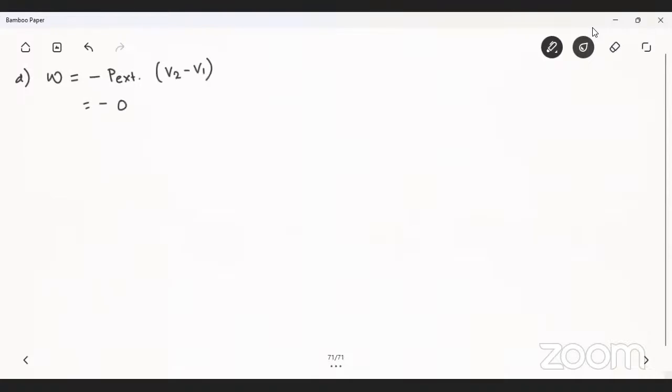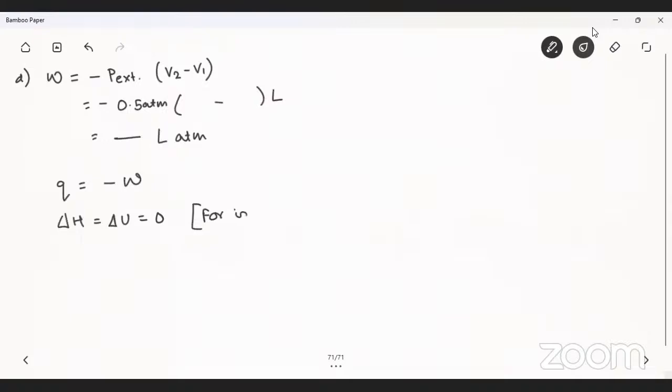So minus P external is 0.58 atm, and V2 and V1 values you have already got. So you will get something in liter atm. Q will again be the negative of work done. Delta H and delta U will be 0 for an isothermal process.